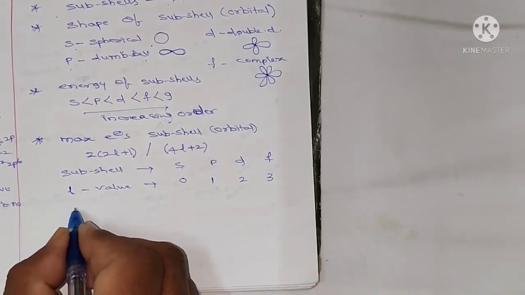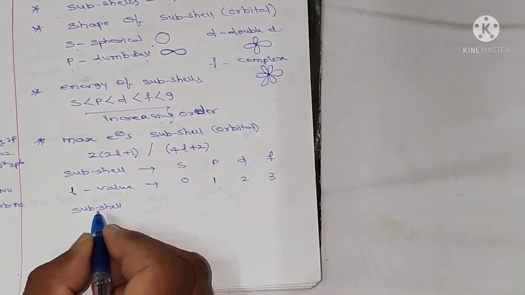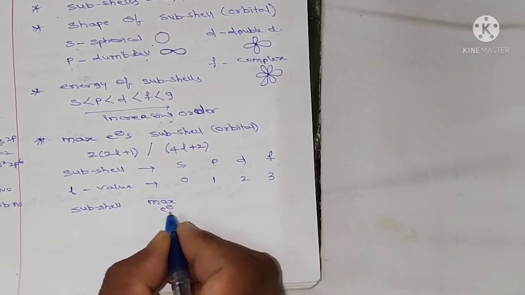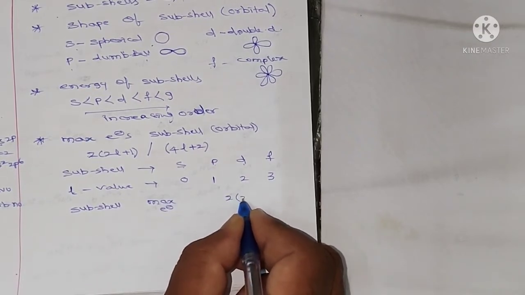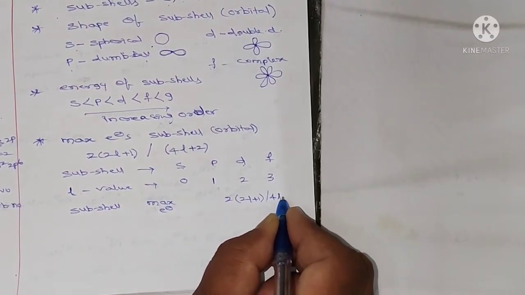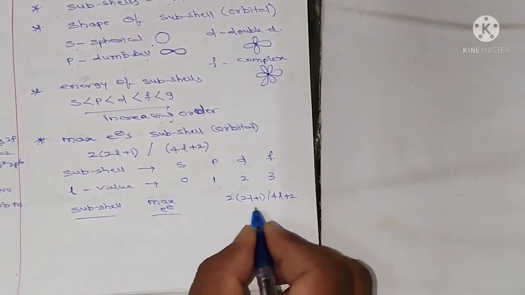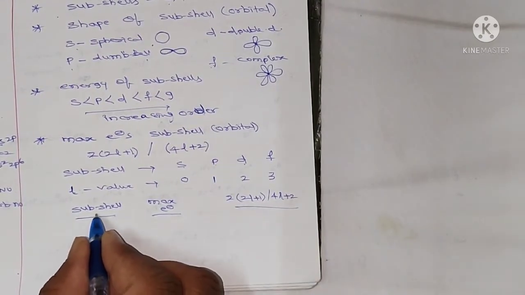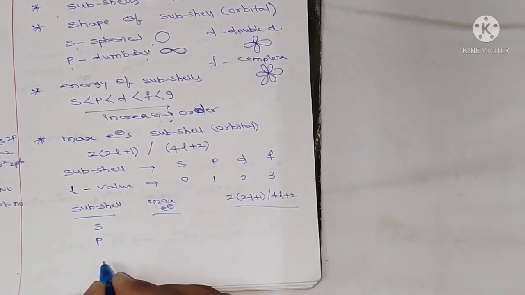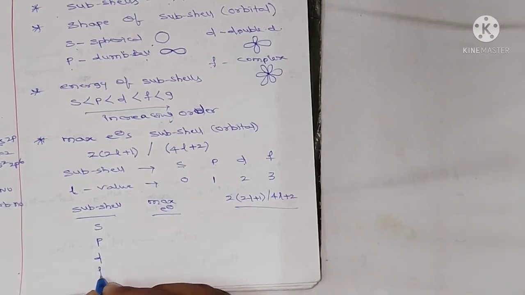So here I am taking the subshell or orbital, the maximum number of electrons, and the formula 2 into 2l plus 1 or 4l plus 2.